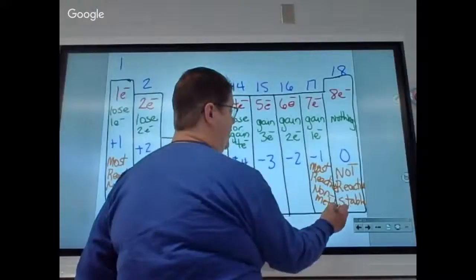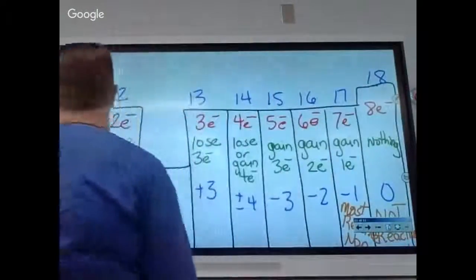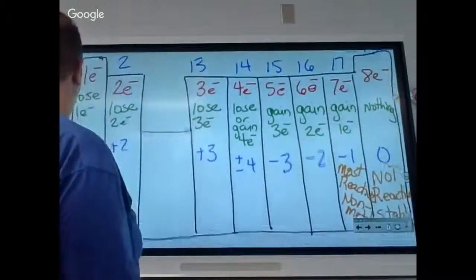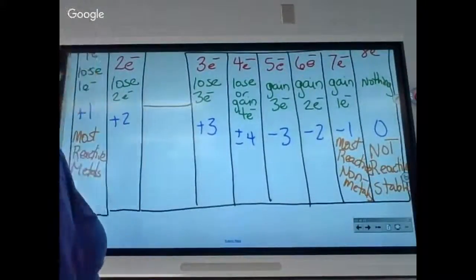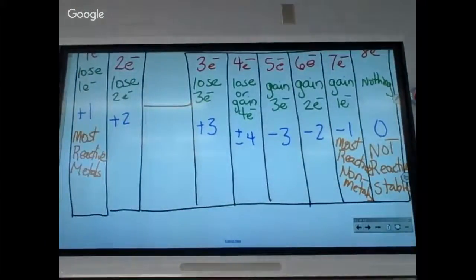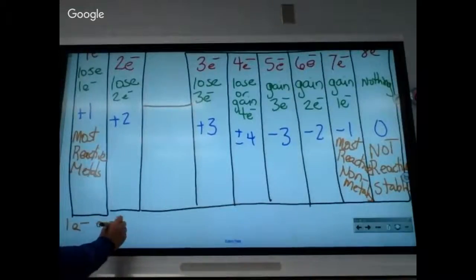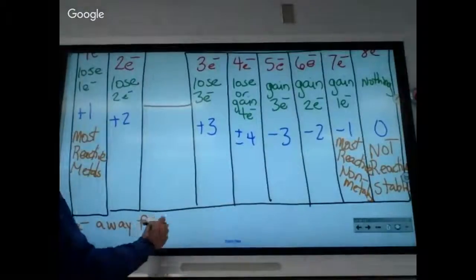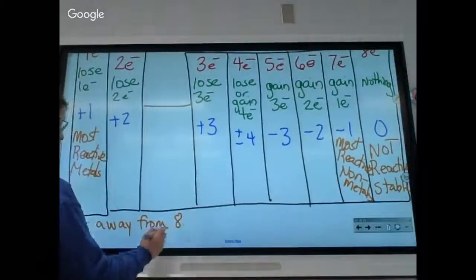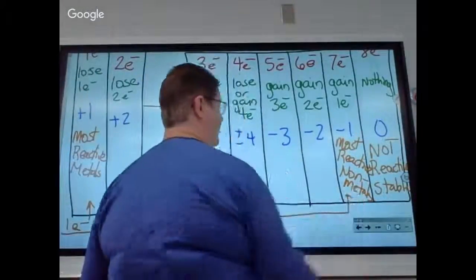Now, why are these two groups going to be the most reactive? I'm going to change the setting on this so that Caleb can see it because I'm going to write something at the bottom. It says most reactive metals, most reactive non-metals. They are one electron away from 8.